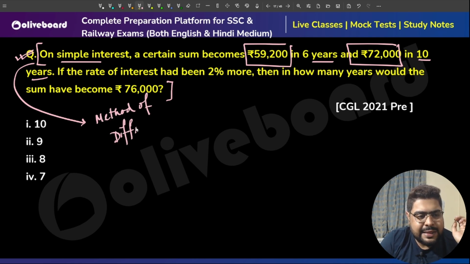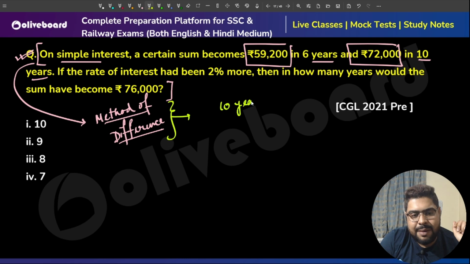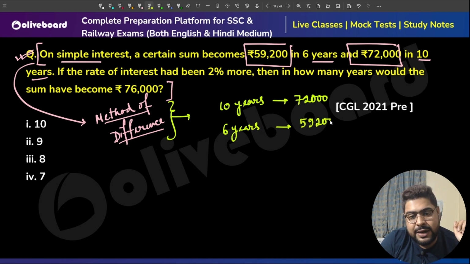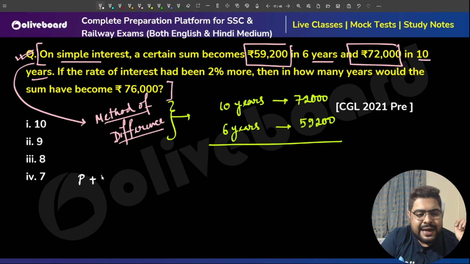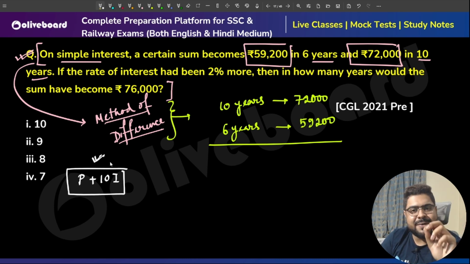Always take the method of difference, meaning you take the difference between these two. Meaning, sir, in 10 years, the amount is 72,000. In 6 years, the amount is 59,200. Now, there is a very important concept at play here. Think like this: the amount in 10 years is the principal plus 10 times I, because simple interest is always equal irrespective of the year.